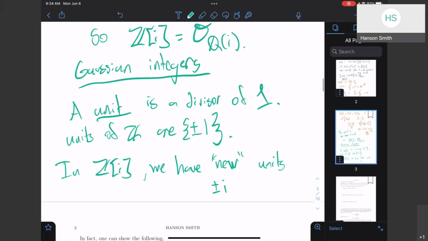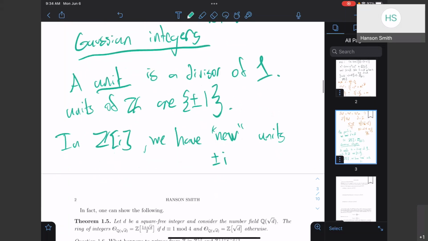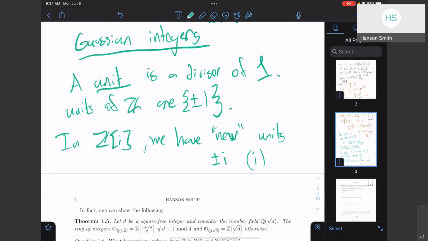And each unit comes with its inverse, so you get a second unit for free unless it's its own inverse. So i times minus i is positive 1. This is a new unit and its inverse.